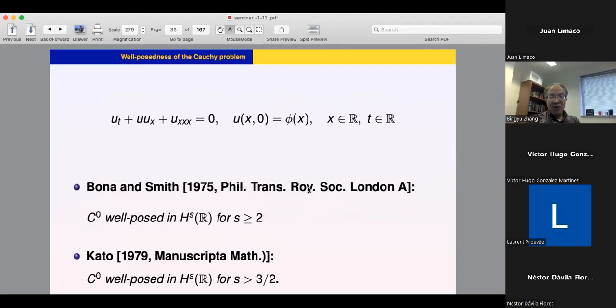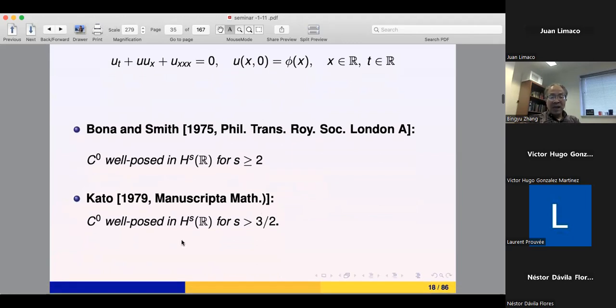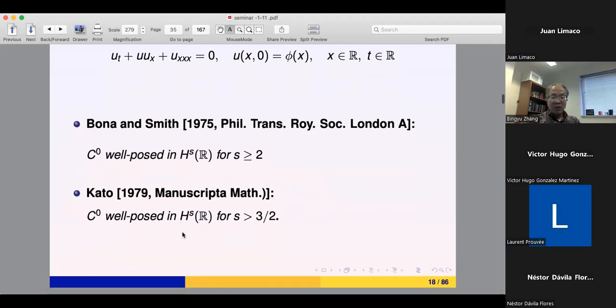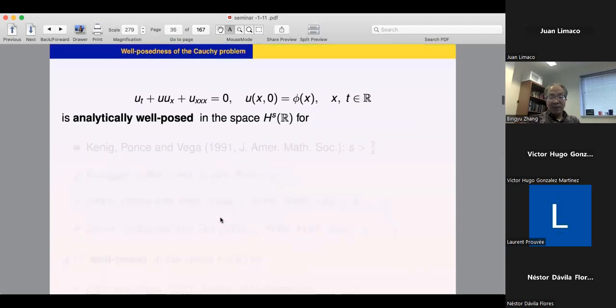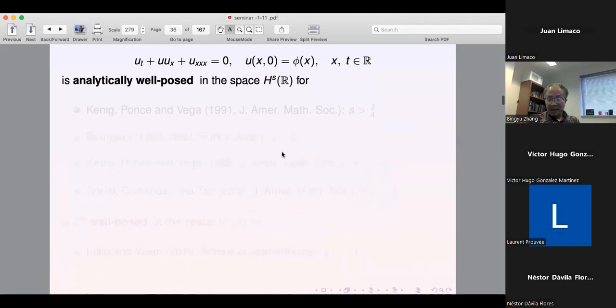Another landmark result is due to Kato. He used the semigroup approach and showed that the Cauchy problem is C0 well-posed for s greater than 3/2. After that, harmonic analysis played a major role in studying this Cauchy problem.